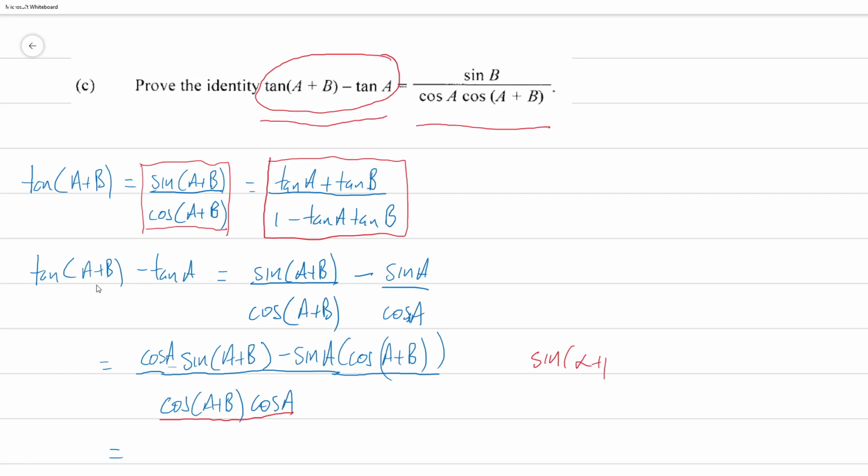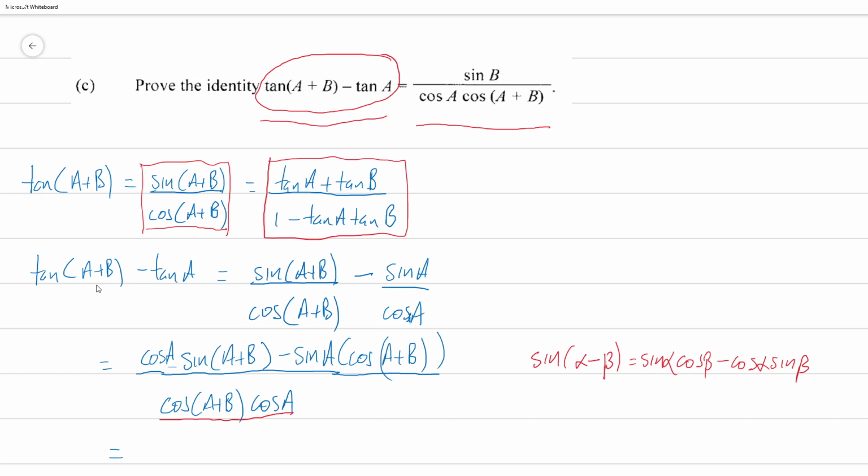Sine of alpha minus beta, because of this negative sign here, is sine alpha cos beta minus cos alpha sine beta. That is the form that this numerator currently is in.